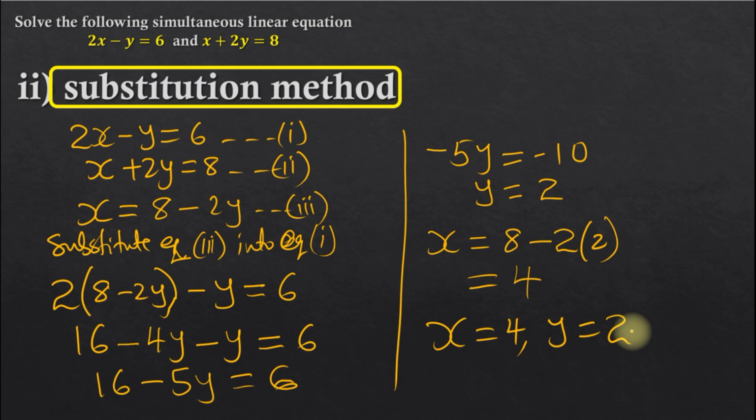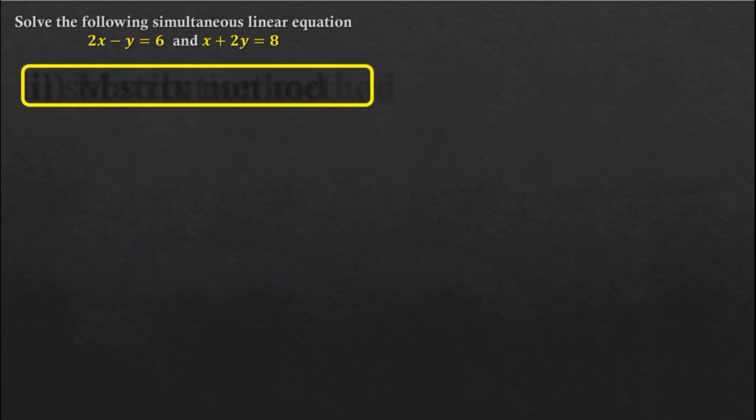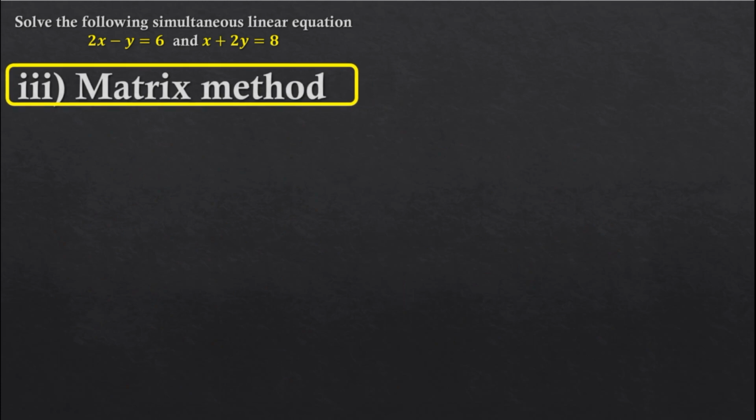Right, we move on to the third method, which is matrix method. And also in matrix method, we just follow the same criteria. So we have the two equations, 2x minus y is equal to 6 and x plus 2y is equal to 8.